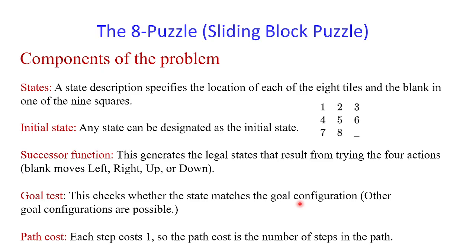We prefer solutions with fewer moves. Shorter path cost means more efficient solutions. So these 5 components, state, initial state, successor function, goal test, and path cost, form the standard framework for problem formulation in AI.